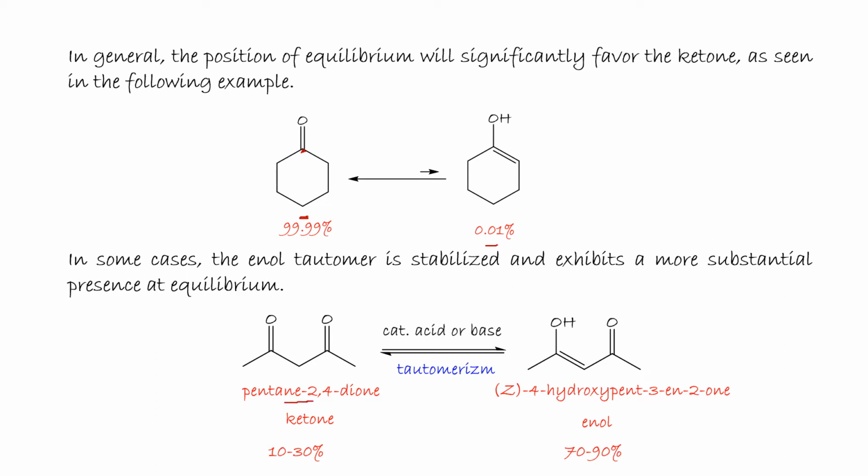For the compound pentane-2,4-dione, we will find the dicarbonyl present at 10 to 30%, while the Z-4-hydroxypent-3-en-2-one is present at 70 to 90%. Because of that conjugated system, double, single, double, and this hydrogen is hydrogen bonded to this oxygen. That's why this system is stable.